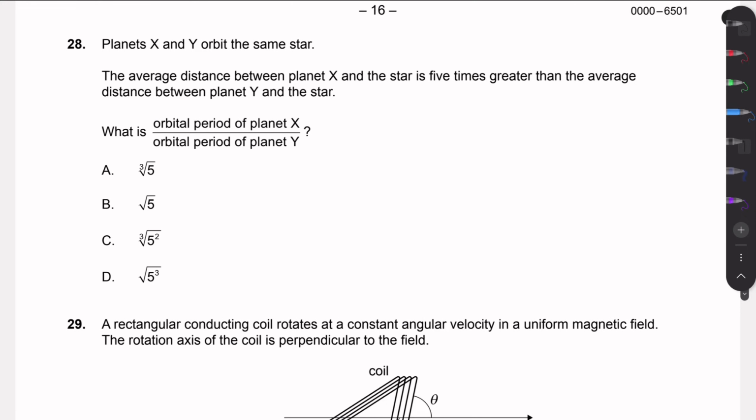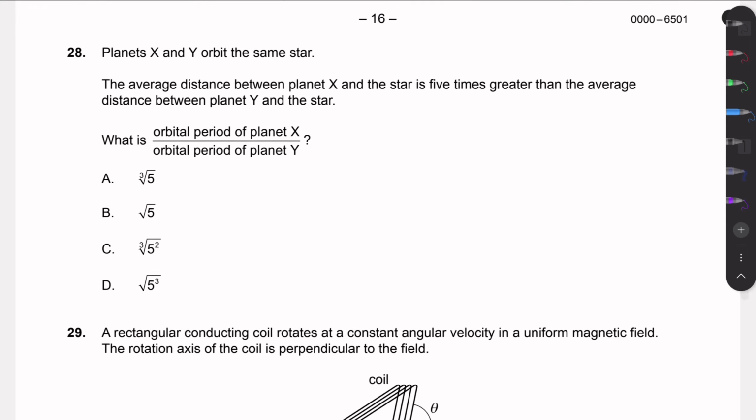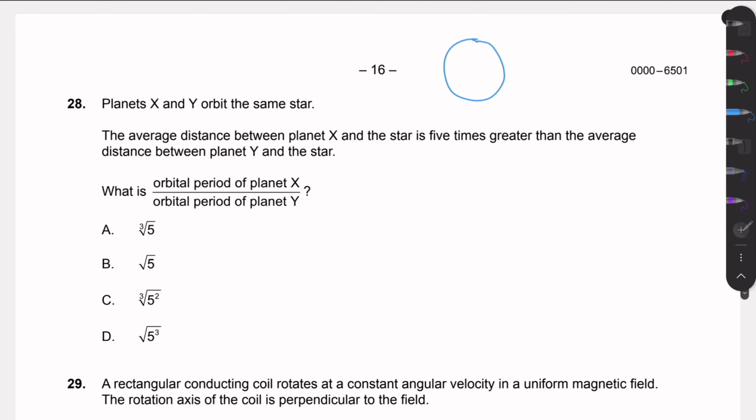And then planets X and Y orbit the same star. The average distance of planet X is 5 times greater than the average distance of planet Y. We need to come up with the orbital period of planet X over Y. Well, this is again very often used.